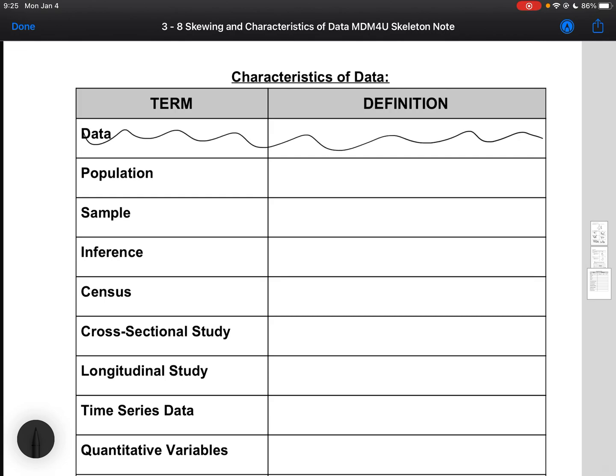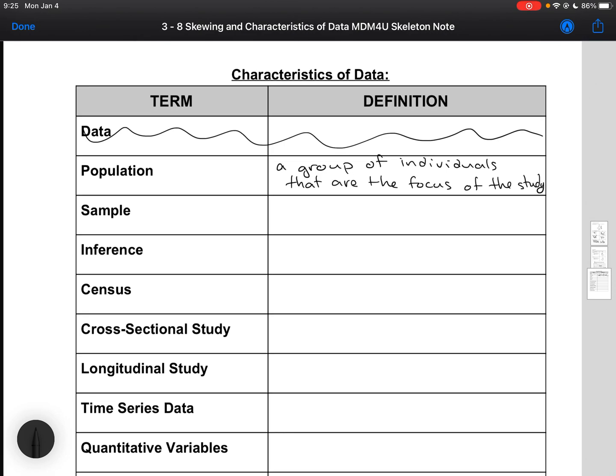Data, we don't need a definition for here, but let's look at population. This is a group of individuals that are the focus of the study.